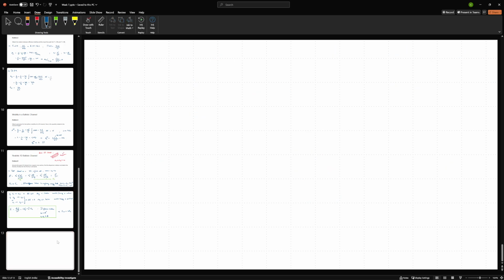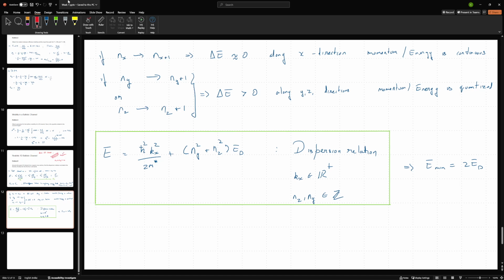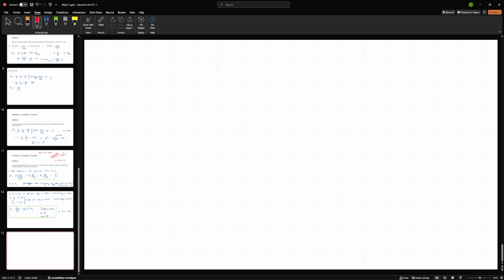Therefore, how is my EK plot going to look? The EK plot will be something like this. And in fact, K can be negative also. It doesn't only have to be a positive real quantity.